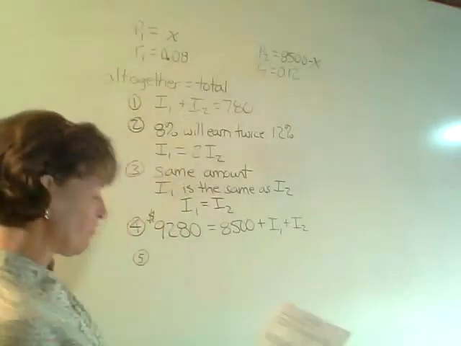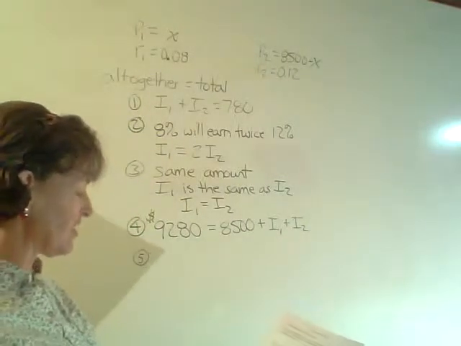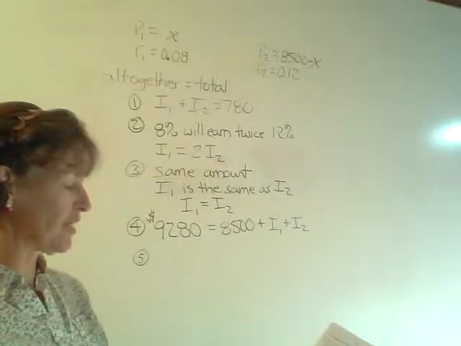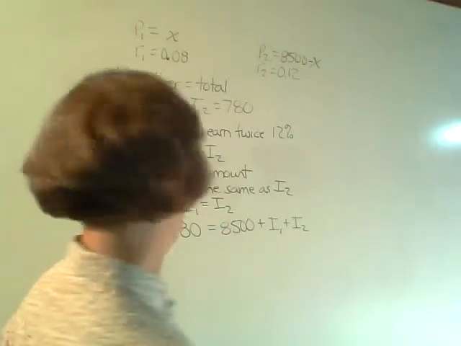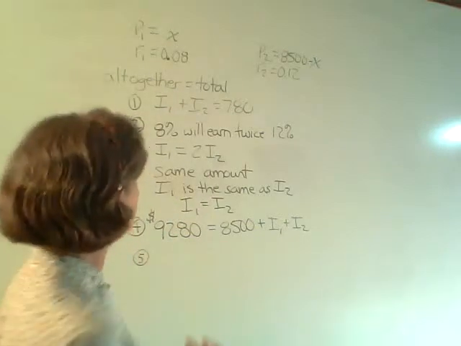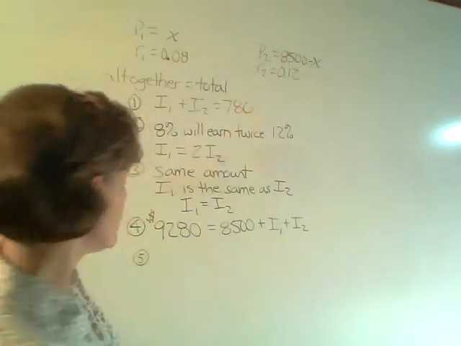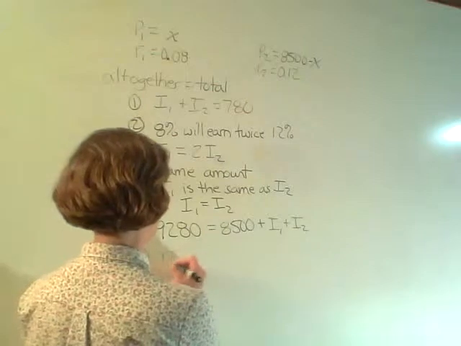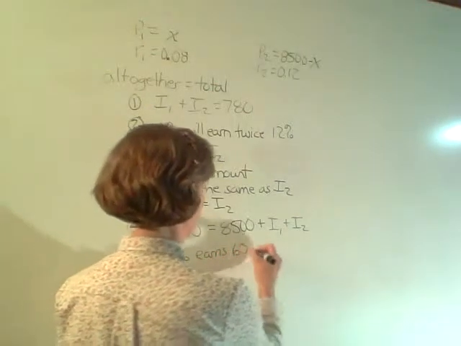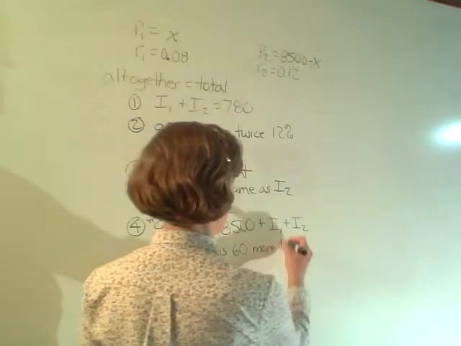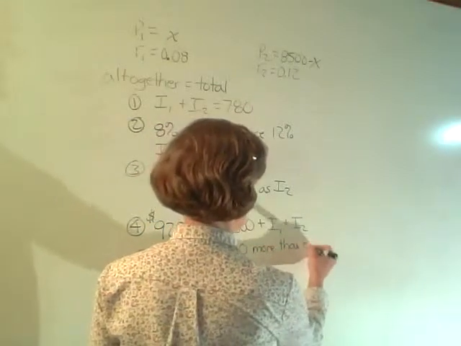Statement number 5. How much will they invest at each rate if the 12% account earns $60 more than the 8% account? So the 12% account earns $60 more than the 8% account.